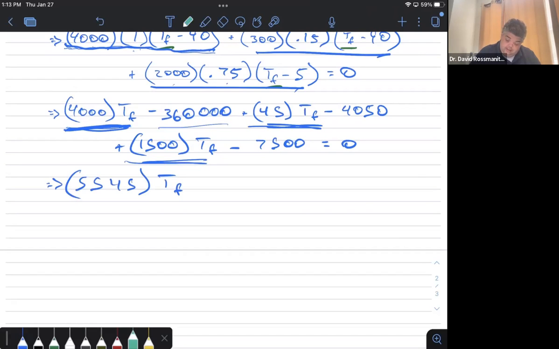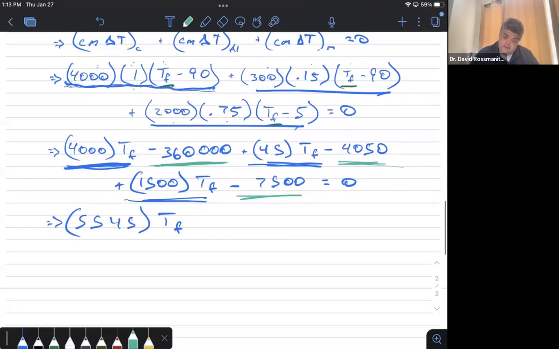And then the numbers, minus 360,000, minus 4,050, and minus 7,500. Well, let's see. 360,000 plus 4,050 plus 7,500. I get minus 371,550 equal to 0.